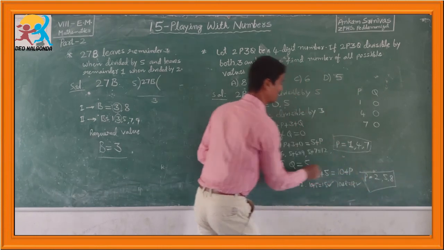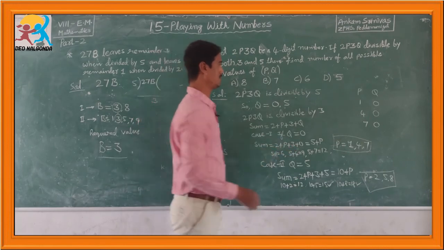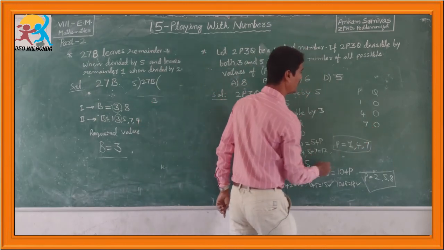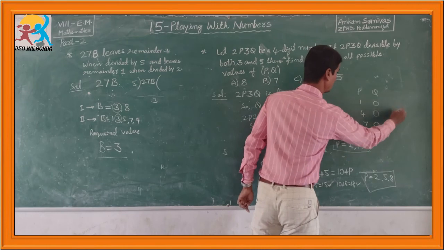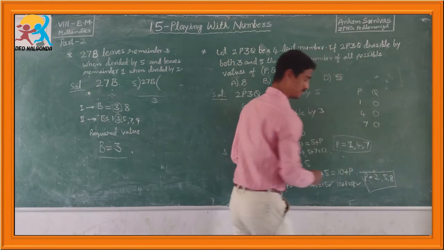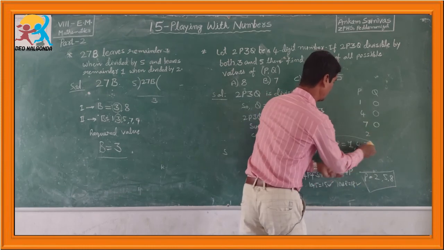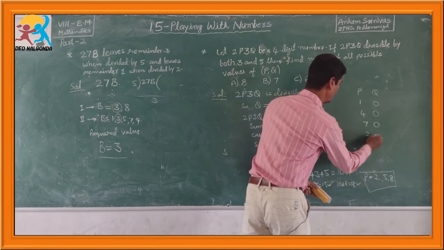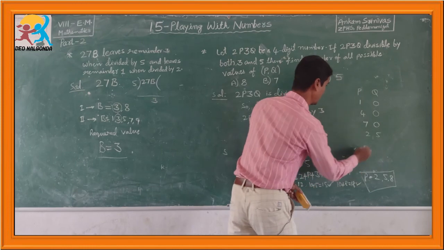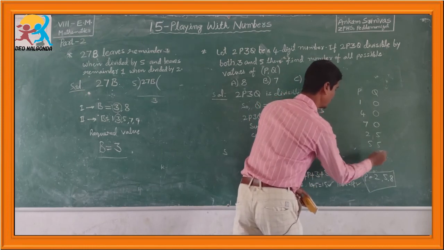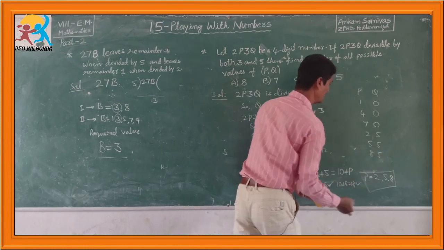So here we got 3 more values. The p values are 2, 5 and 8 with q value 5: (2, 5), (5, 5) and (8, 5).